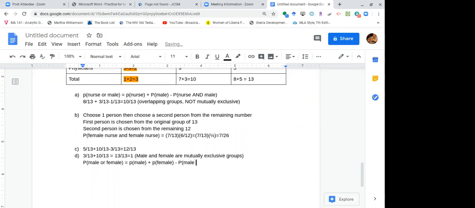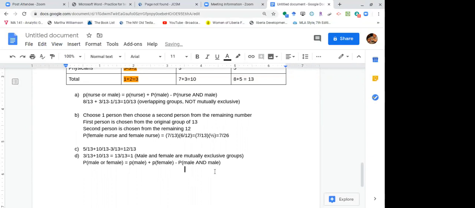But now, in this case, right here, this is 0, right? Male and female, there aren't any that identify as both. You see that? Yes. So when that intersection is 0, we call them mutually exclusive events.